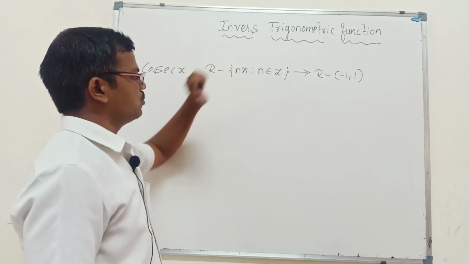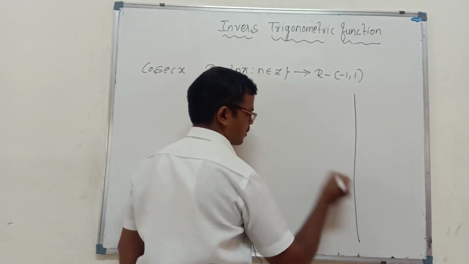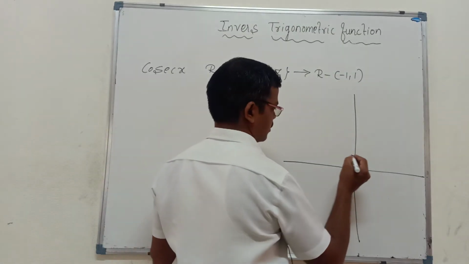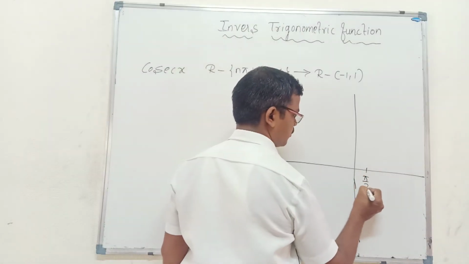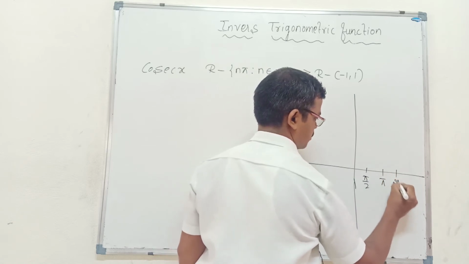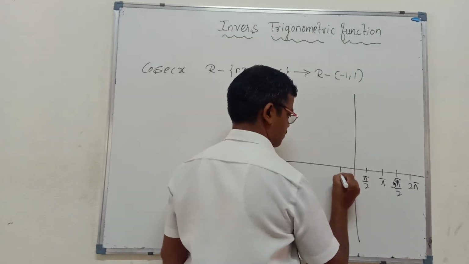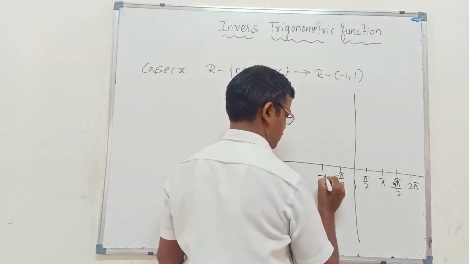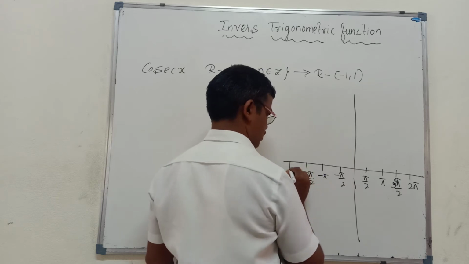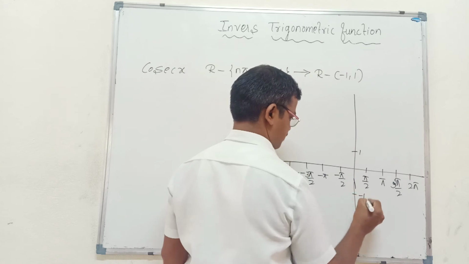Let me identify through a diagrammatical representation for the cosec. Let me see what is the nature of that graph for the cosec. So this is pi by 2, pi, 3 pi by 2, 2 pi, minus pi by 2, minus pi, minus 3 pi by 2, minus 2 pi, 1, minus 1.